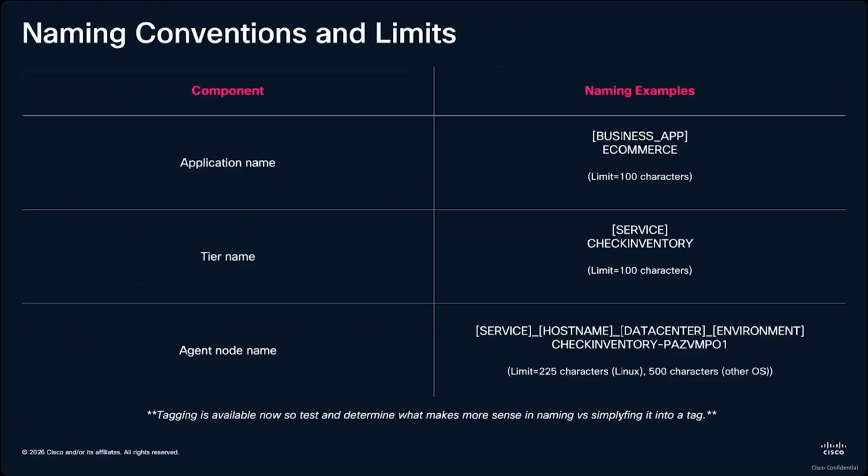You're going to have to create the same business transactions for 4 different tiers. Say that you break it up by a data center. You have 4 data centers, and you have check inventory 1, 2, 3, and 4, as opposed to just having them all under one tier, check inventory. And then if you want to call out those extra data centers, you can put them in the node name.